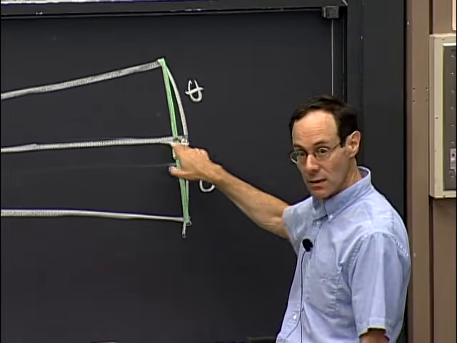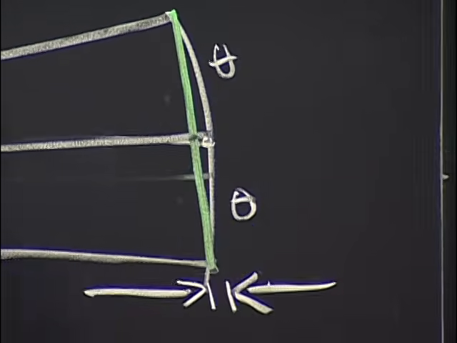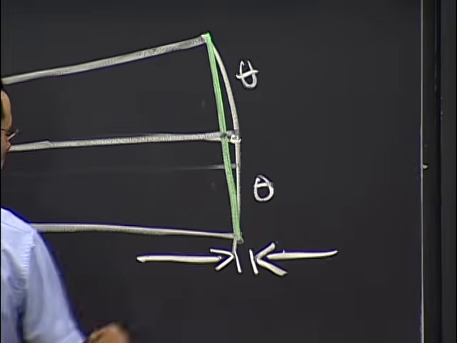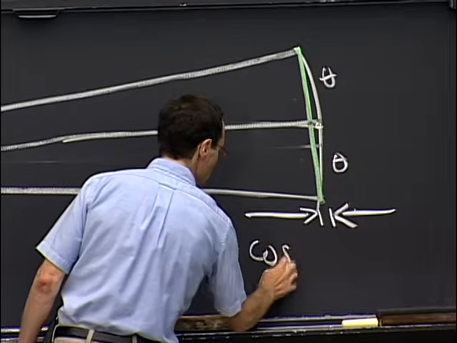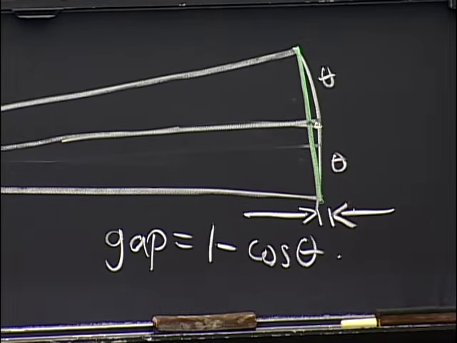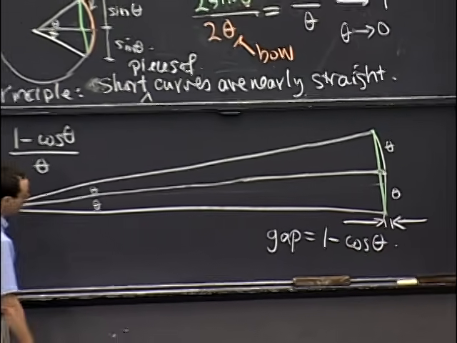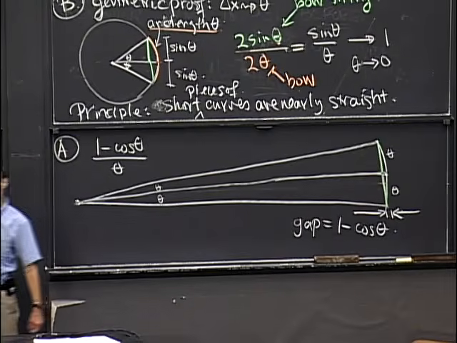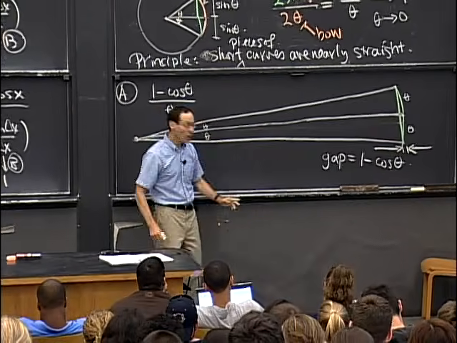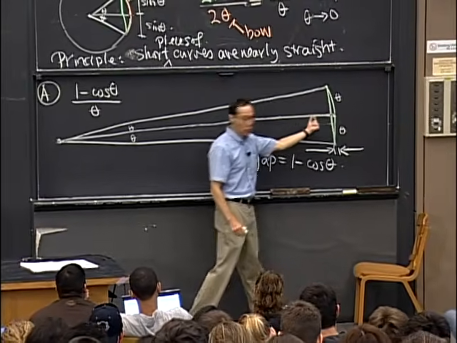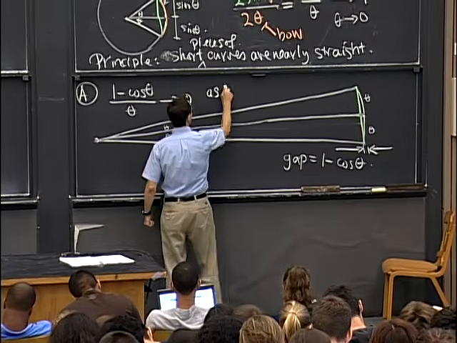So this little tiny bitty segment here, which is basically the gap between the curve and the vertical segment, the gap is equal to 1 minus cosine theta. All right? And so now you can see that as this point gets farther away, if this got sent off to the center, you would hardly be able to tell the difference. The bowstring would coincide with the bow, and this little gap between the bowstring and the bow would be tending to 0. And that's the statement that this tends to 0, as theta tends to 0.